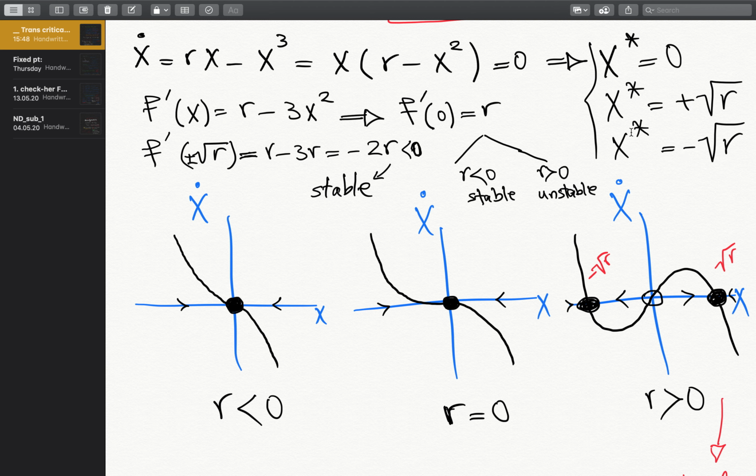So we have three fixed points based on the sign of r, because r is under a square root, therefore r should be positive, and these two solutions are only valid for positive r, right?